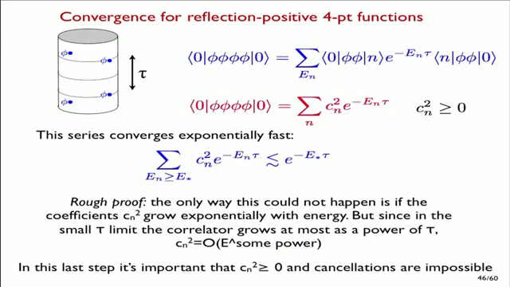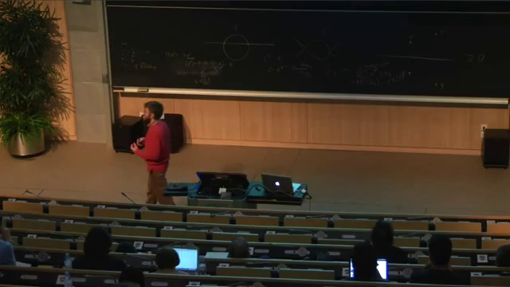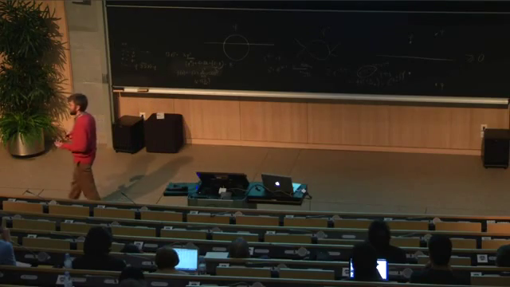So why is this interesting? Because the reflection positive 4-point functions have a series which has all terms explicitly positive in them. So you remember that I said that one issue that we would like to understand is if the convergence has to do something with the cancellation between positive and negative terms.